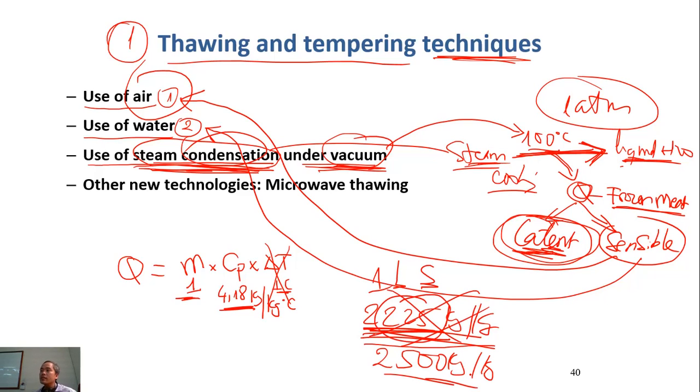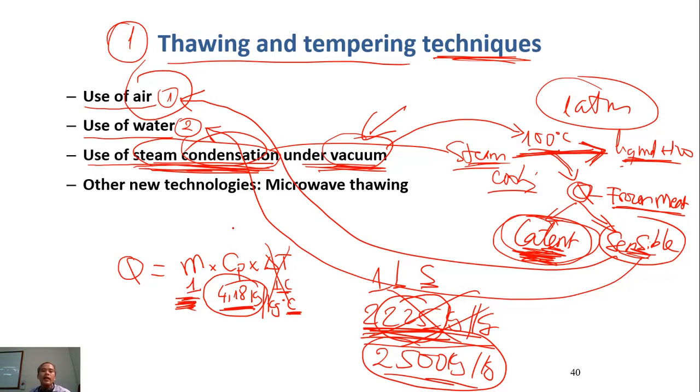When you lower 1 degree C of 1 kilogram of liquid water, you only give 4 kilojoule. So the latent heat is normally a lot more compared to sensible heat. That's why with this technique, you can do fast thawing.